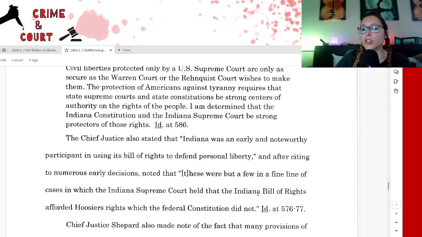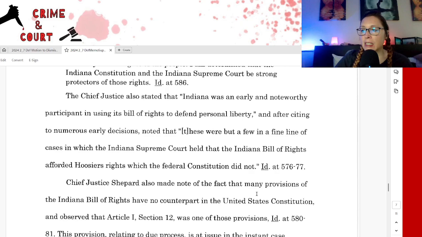So the Chief Justice also stated that Indiana was an early and noteworthy participant in using its Bill of Rights to defend personal liberty, and after citing numerous early decisions, noted that these were but a few in a fine line of cases in which the Indiana Supreme Court held that the Indiana Bill of Rights afforded Hoosiers rights which the federal Constitution did not.